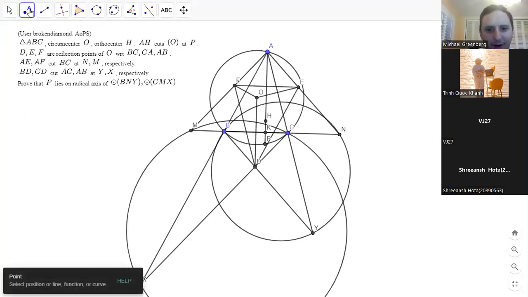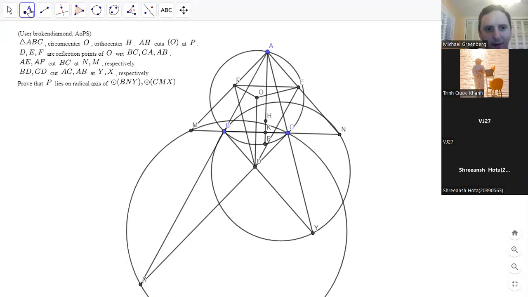So yeah, it's a weird diagram. We want to show P lies on the radical axis of BNY and CMX.